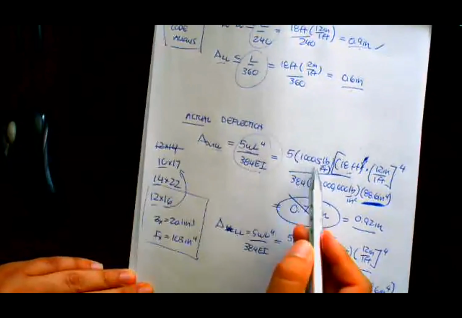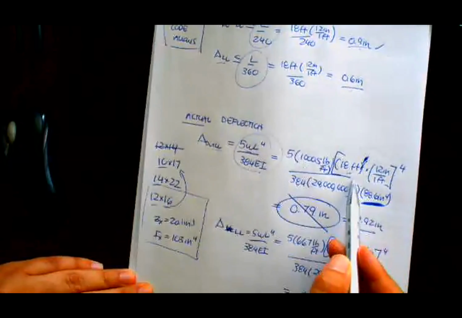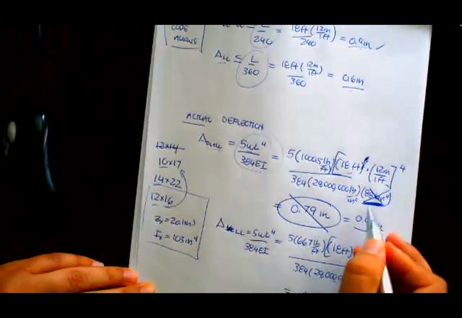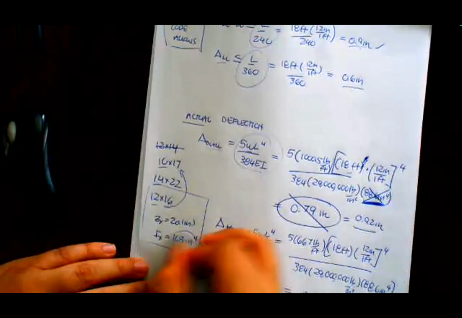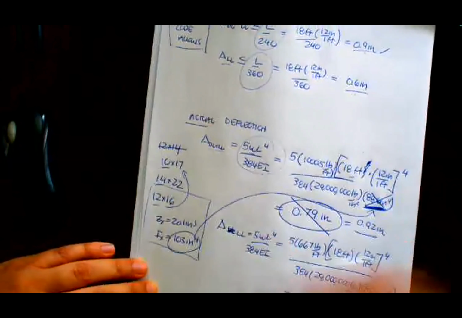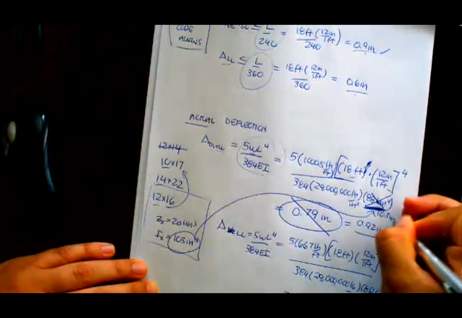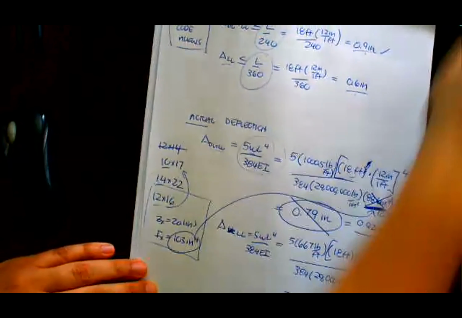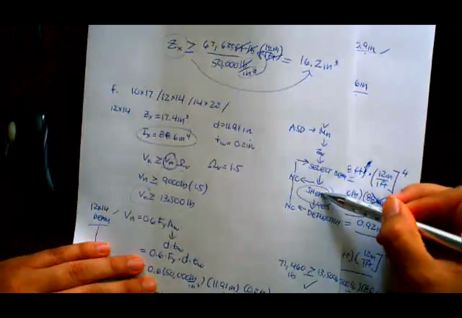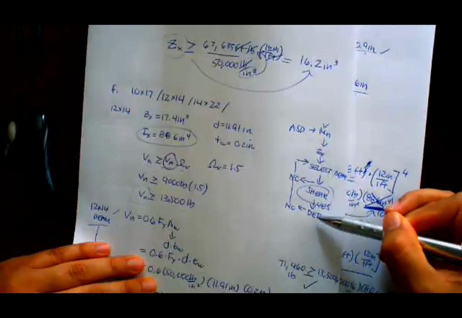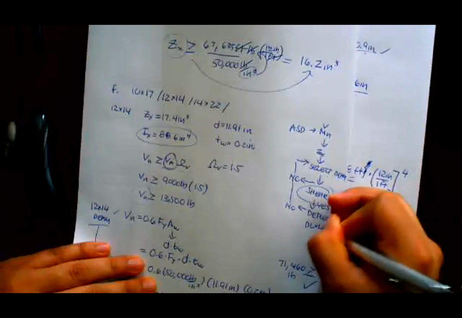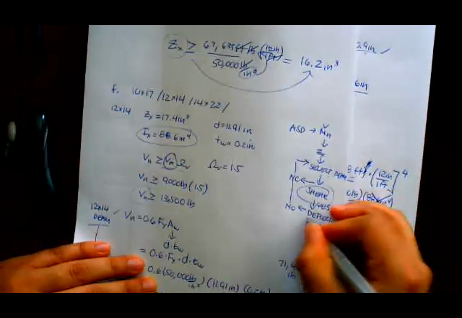Instead of having to plug and chug all these values in all over again, I'm going to update the 88.6 and plug in 103. Essentially, I checked it against shear, it passed. I'm going to check it against deflection, both dead load plus live load and the live load deflections.